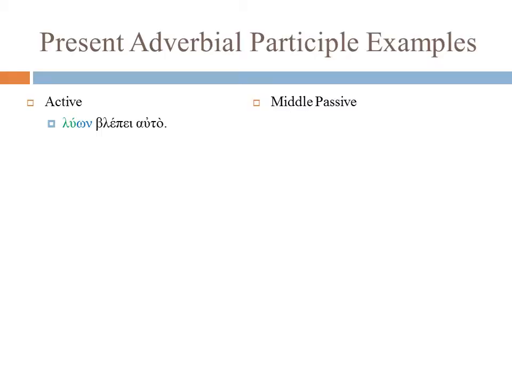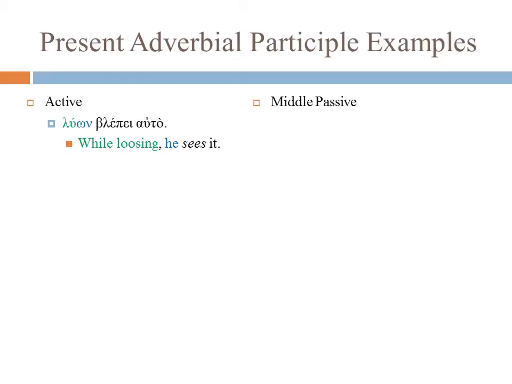Luon is from the verb luo, to loosen, but that on at the end tells us that this is masculine nominative singular. And because it's the beginning of the sentence, there's a good chance that this is going to be looked at as an adverb. So we're going to have the time at the same time as the main verb, which is blepei. While loosing, he sees it.